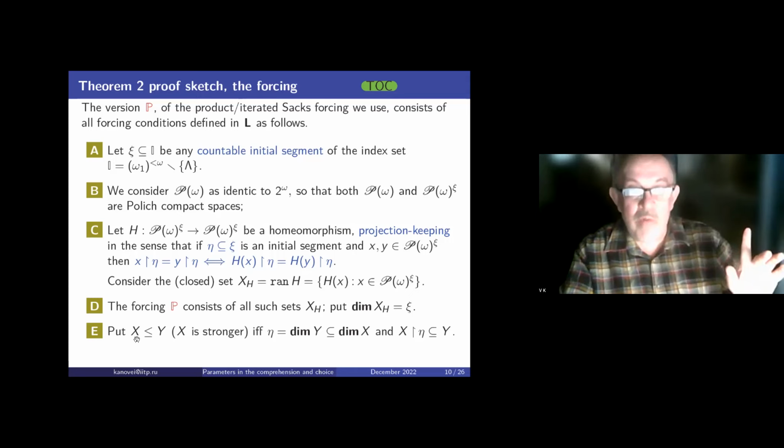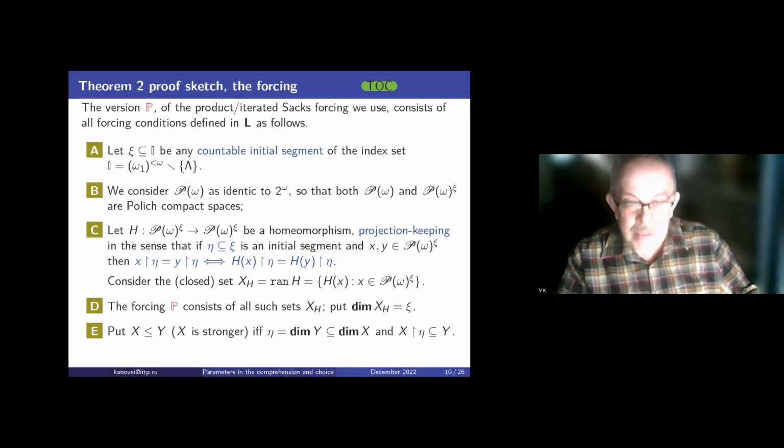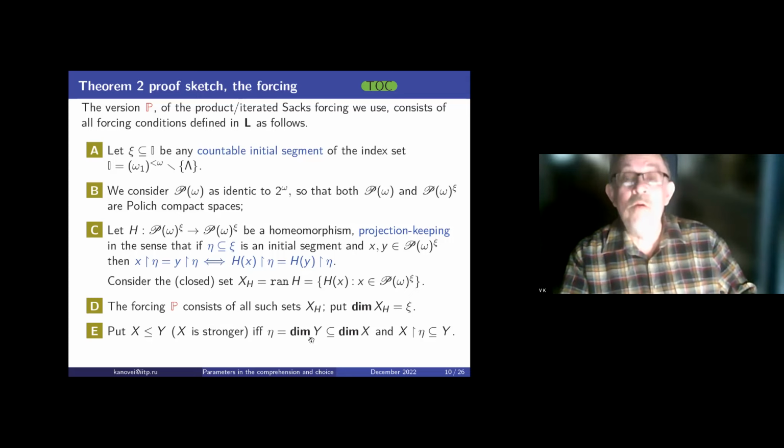First of all, smaller one means stronger. This is one of 2 possible approaches to portions, and I take this approach. Smaller means stronger. So it's stronger if X is stronger, if its dimension is bigger, that it simply includes the dimension of Y. And when we restrict this stronger one onto the smaller dimension, then it will be slimmer.